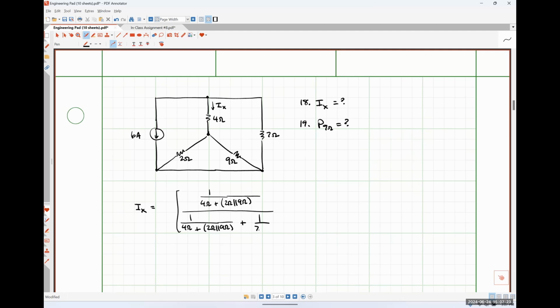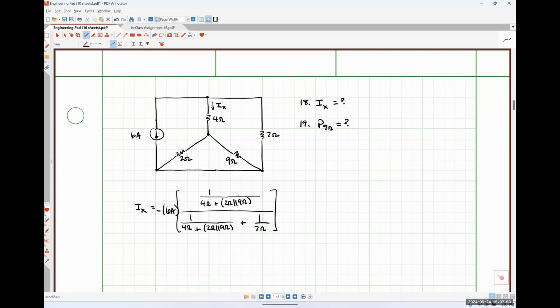So our ratio part would look like this. And I'd be willing to bet I understand why you have an issue with this, and I'll talk about it in just a moment. And then our known current is 6 amps. And we're looking at the current splitting in the opposite direction that we would expect. So I should put a negative sign here.